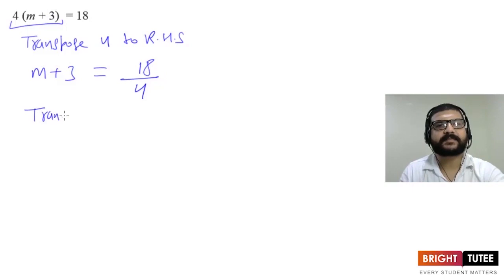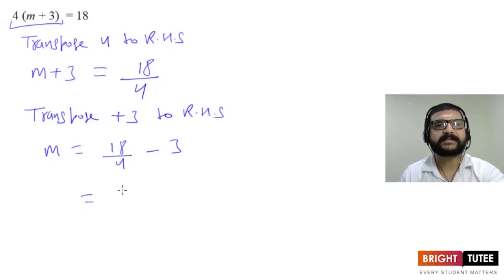So let's transpose plus 3 to the right hand side of the equation. Now this gives us m is equal to 18 upon 4, and plus 3 will become minus 3. Now by simplifying this we will get 18 upon 4 minus 12 upon 4. We have written this 3 in its equivalent form, in which the denominator is 4, because the denominator of 18 here is 4.